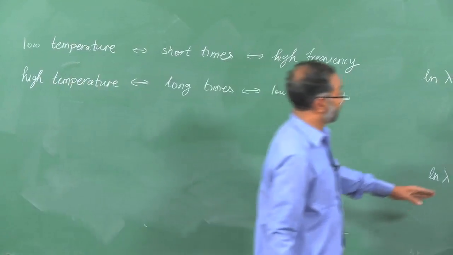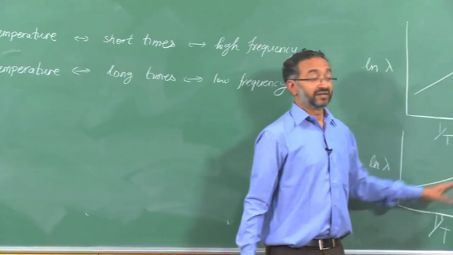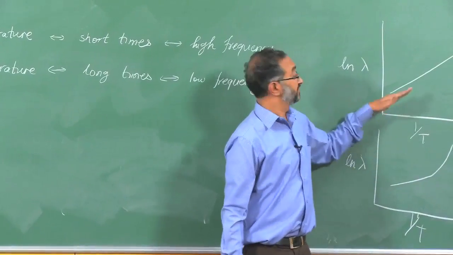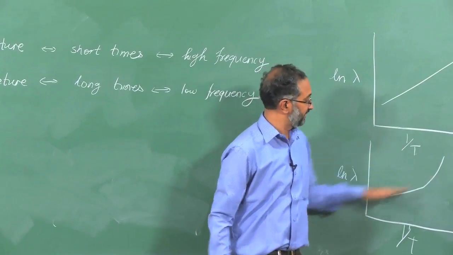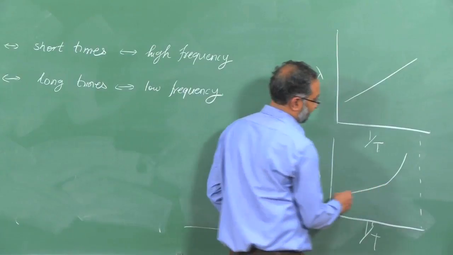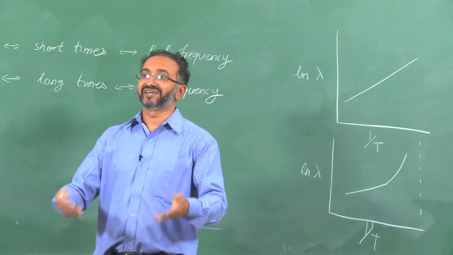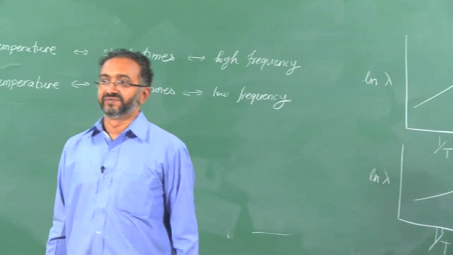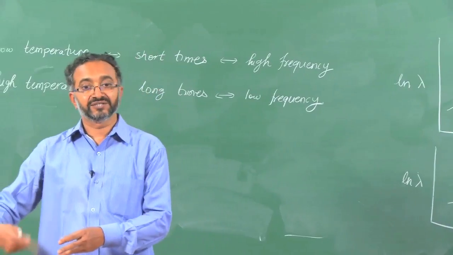So, lambda is increasing much faster than what is predicted by the Arrhenius. This straight line portion of the curve is Arrhenius, but then lambda increases much more rapidly.